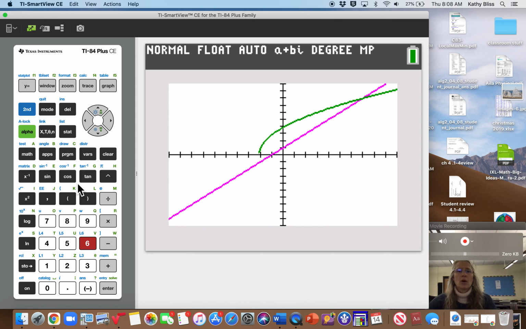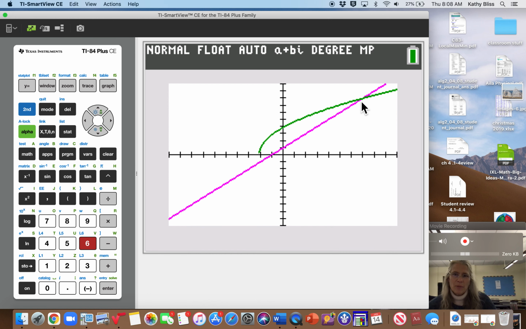That's where their equivalent is, where they cross. And we can see right here in my graph that they cross right about there. And since this one is a line and this is a radical, I know that these are not going to cross again because of the nature of the shapes. So I'm looking for the point of intersection.